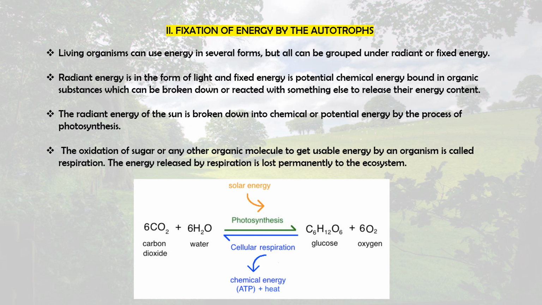So gross primary productivity means the rate of photosynthesis, due to which we get the potential energy or the organic matter like glucose.